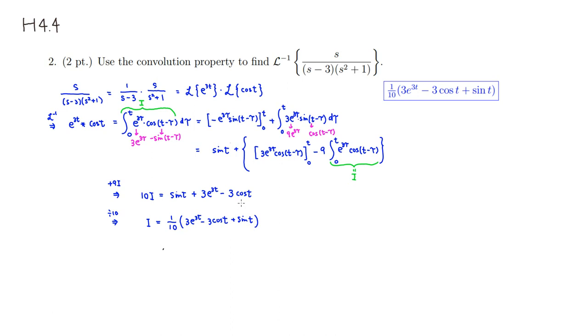That's the inverse Laplace transform, because this is the convolution of e to the 3t with cosine of t, which is the inverse Laplace transform of the given rational function. All right, that's it. I hope that this was clear.